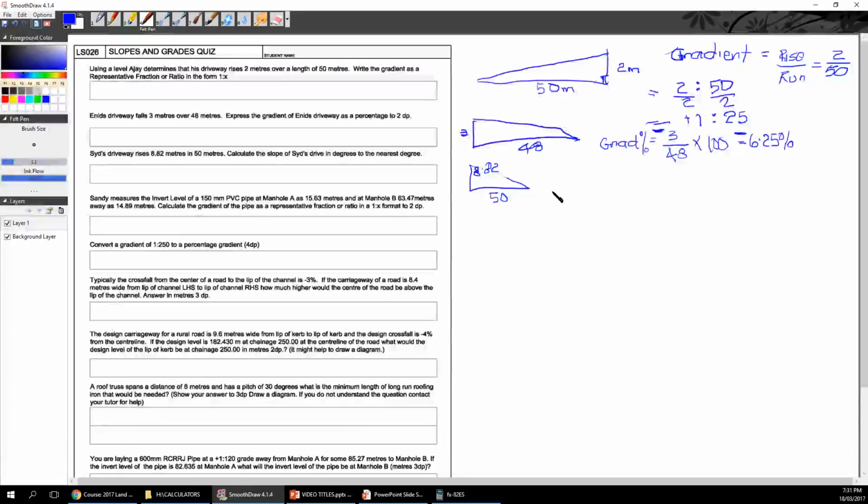Calculate the slope of Sid's driveway in degrees to the nearest degree. Now, Sid's driveway, so the grade equals rise over run, which is 8.82 over 50.